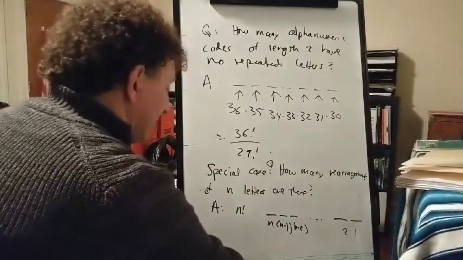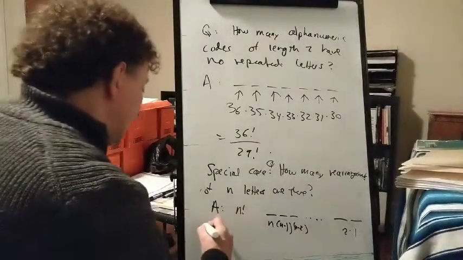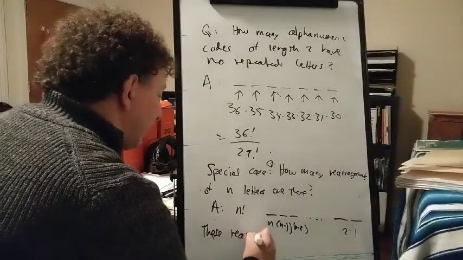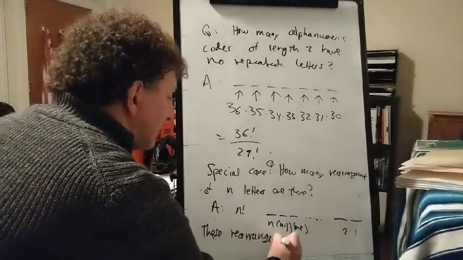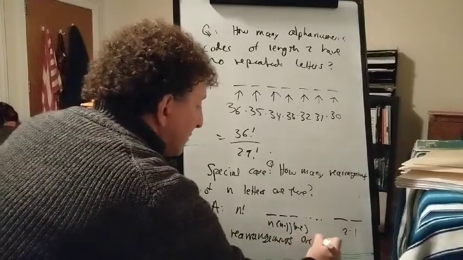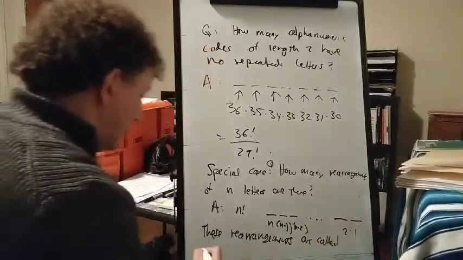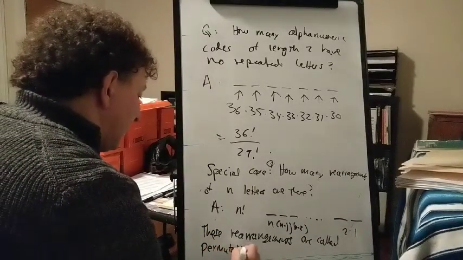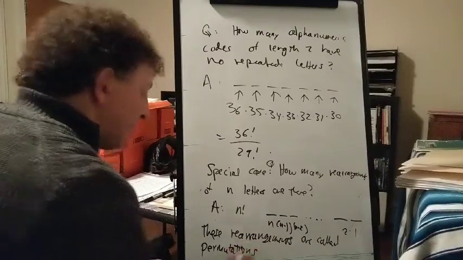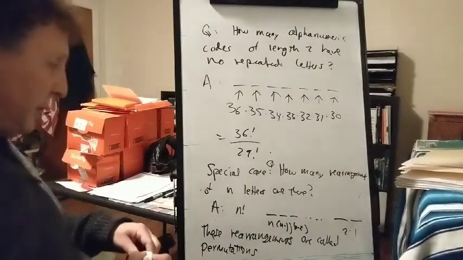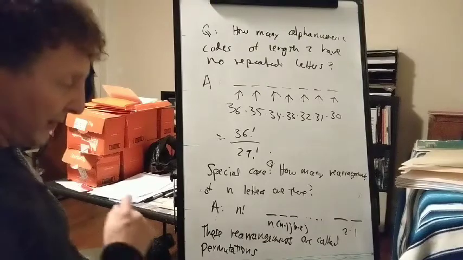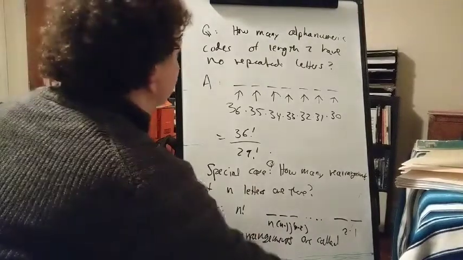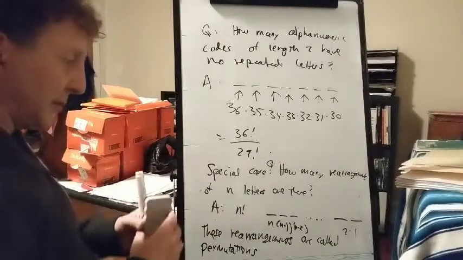These are called permutations. Those are permutations of n letters, different ways to write them all down, every letter exactly once. Ways to rearrange them into a line.